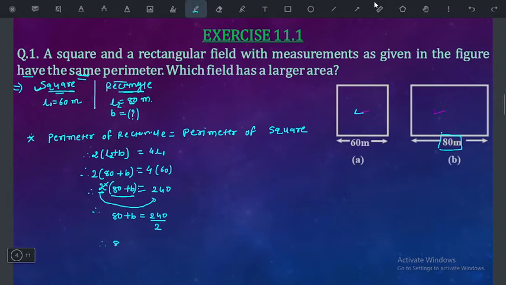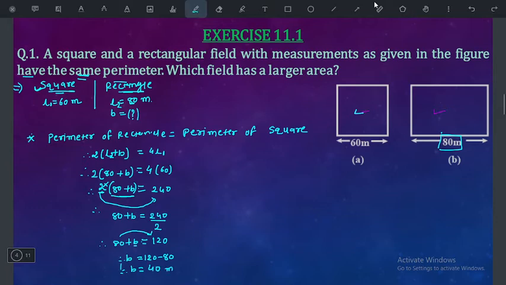So 80 plus B equals to 240 by 2, that is 120. And if we want to find value of B, then 80 comes here with 120 and it will be minus 80. So B equals to 120 minus 80, it is 40 meter.